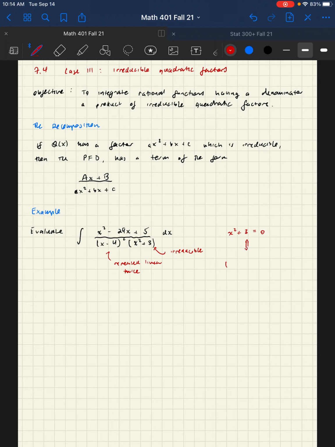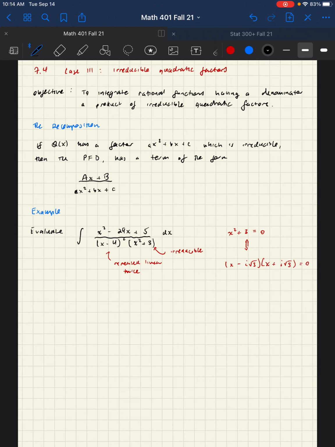So the only way we could factor this in some more complicated system would be if we wrote x minus i root 3 times x plus i root 3 equals 0. In which case we could see that this is linear, but this involves complex numbers. So really we can't do this. And besides, we don't even use complex numbers in this class, so we couldn't.